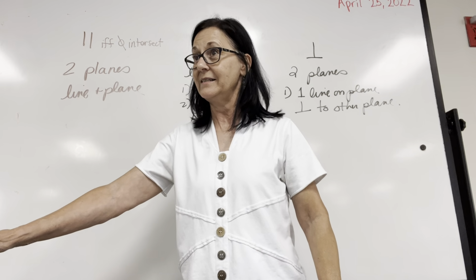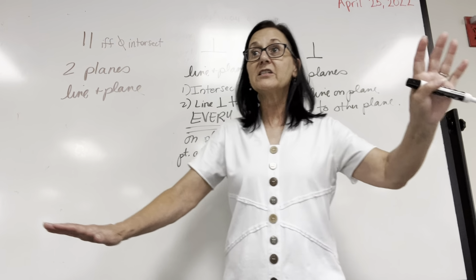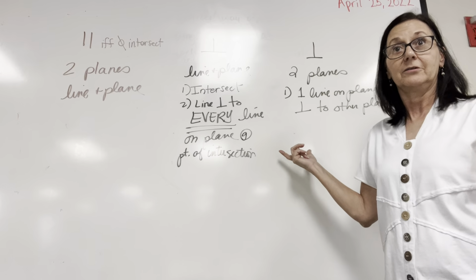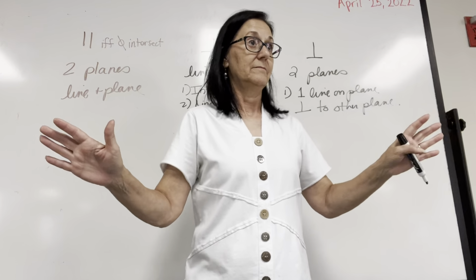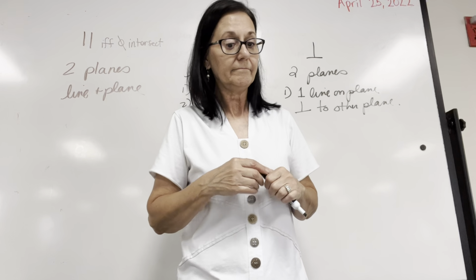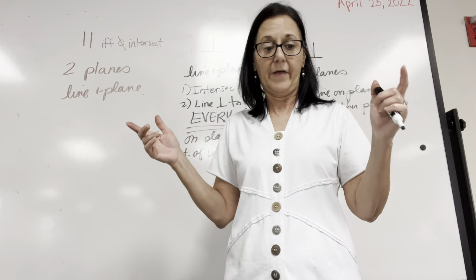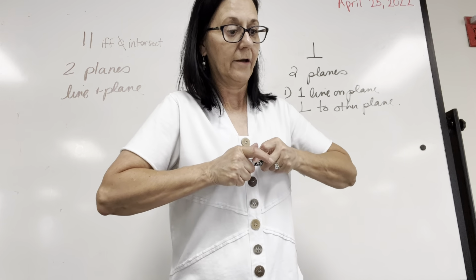So oblique, they absolutely intersect, but their intersection is not perpendicular. It's something other than perpendicular. Got it? So oblique literally means intersection at any angle other than a 90-degree angle.